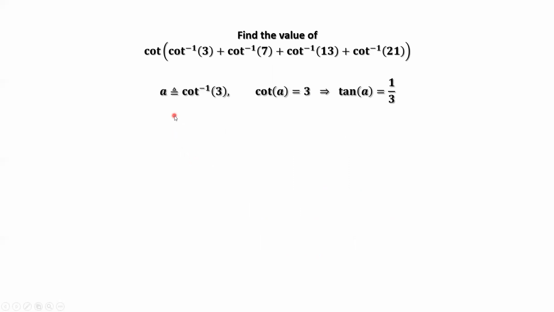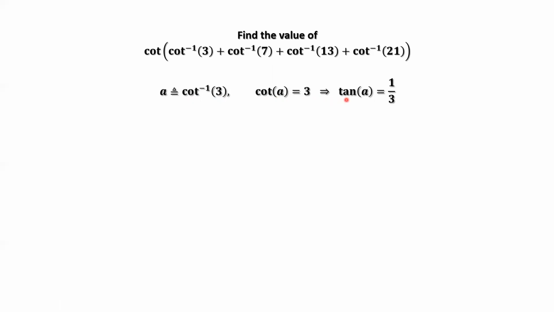We use the first formula. If A equals inverse cotangent of 3, then we have cotangent of this inverse cotangent of 3 equals 3, by definition.